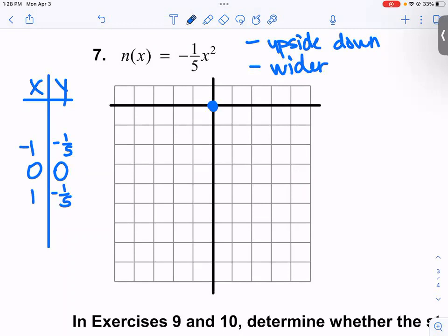Oh, let's plug in 5. When we plug in 5, what is negative 1/5 times 5 squared? Try this again. Negative 1/5 times 5 squared. Negative 5. What about negative 1/5 times negative 5 squared? A negative.